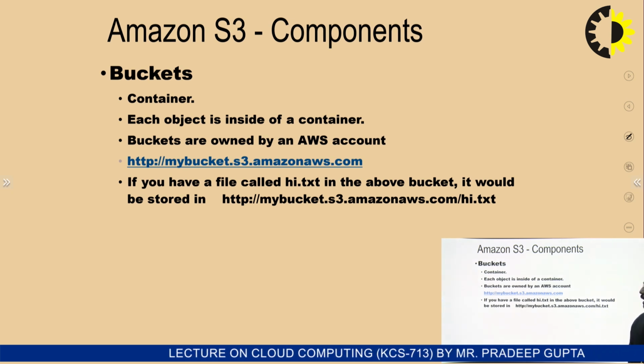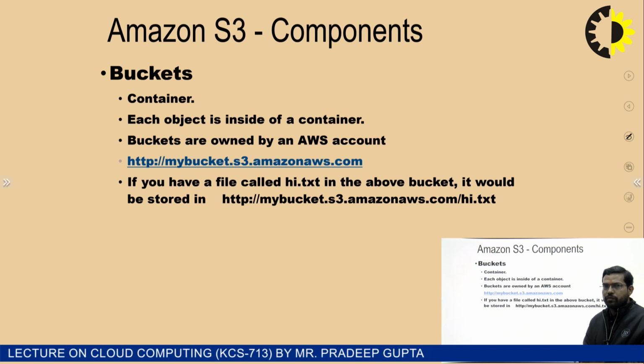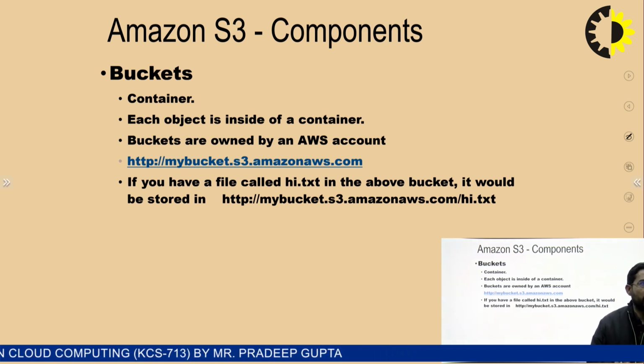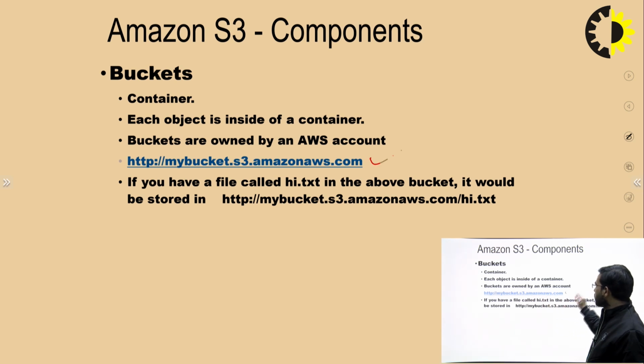Second is the bucket. A bucket is like a container, where we store the data. Buckets are owned by the AWS cloud, and using the website mybucket.s3.amazonaws.com we can access it to create our own bucket.